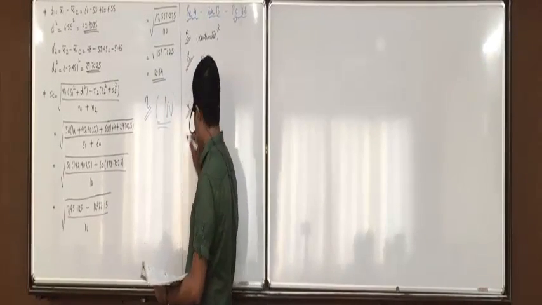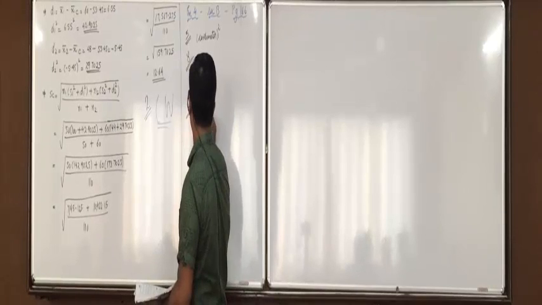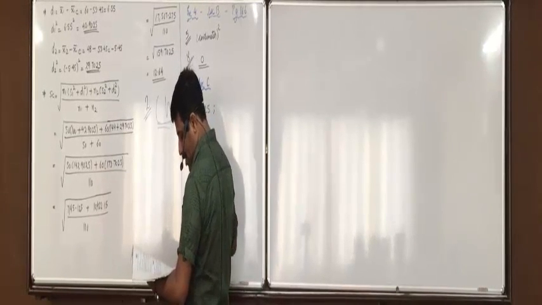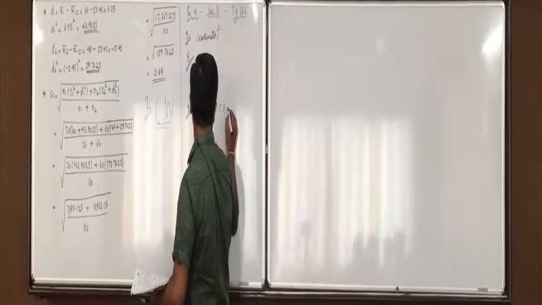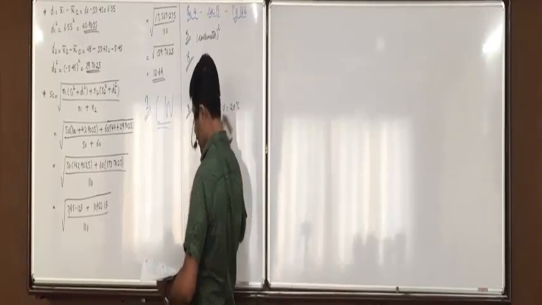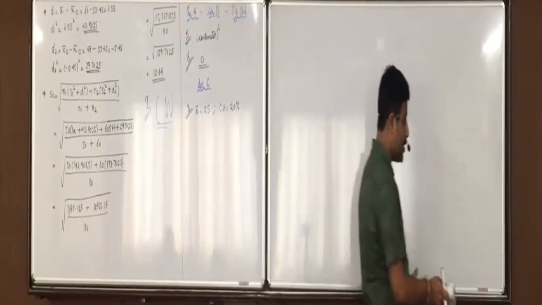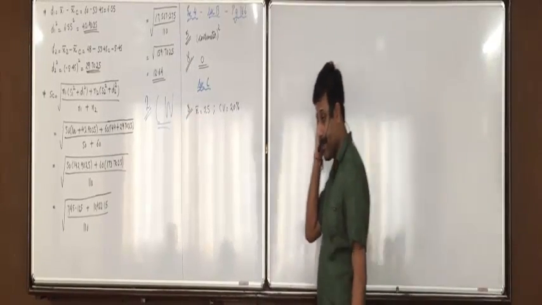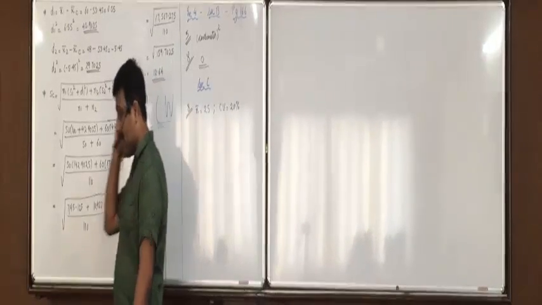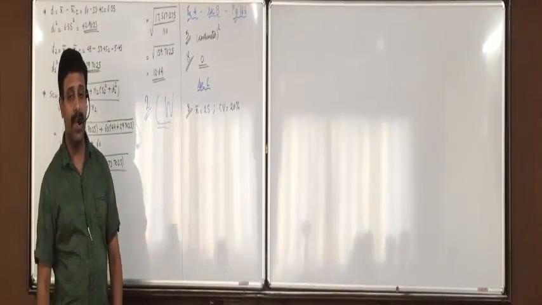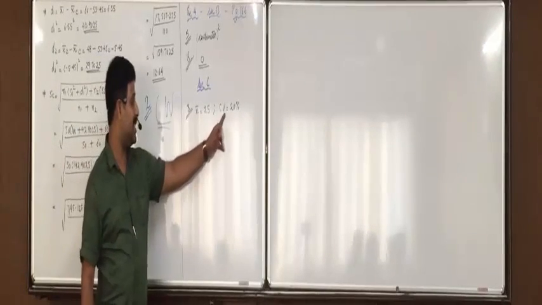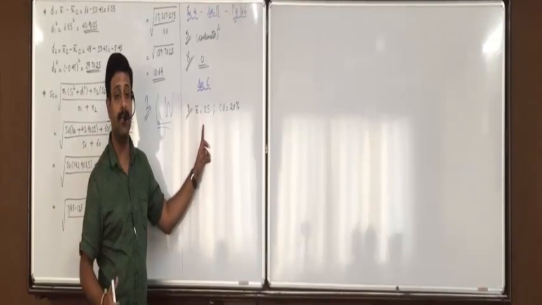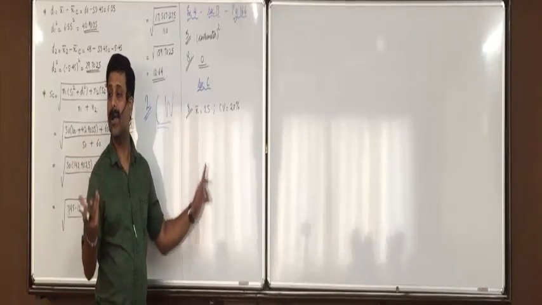If x bar is 25, write down x bar 25. Coefficient of variation, that is CV, is 20%. Find the variance. Applying the formula of CV, what can we get? What is the formula of CV? S upon x bar into 100. CV is given, x bar is given, so S can be obtained. Once you obtain S, what is variance? S square.